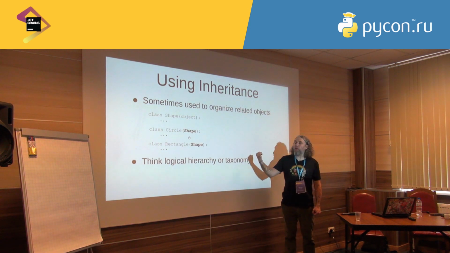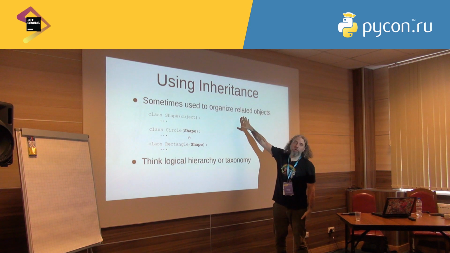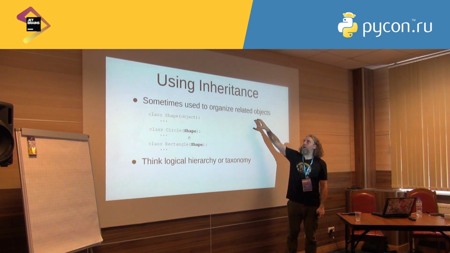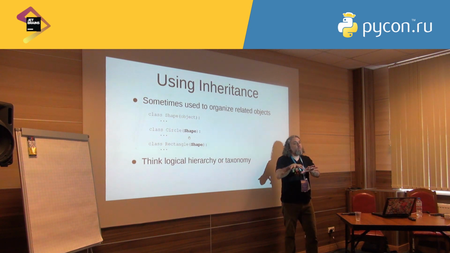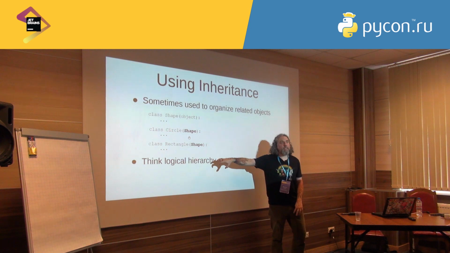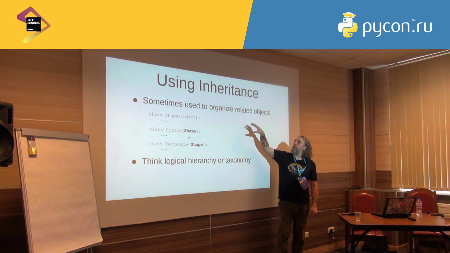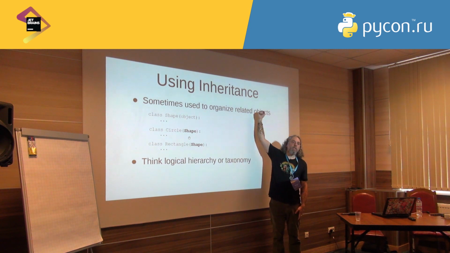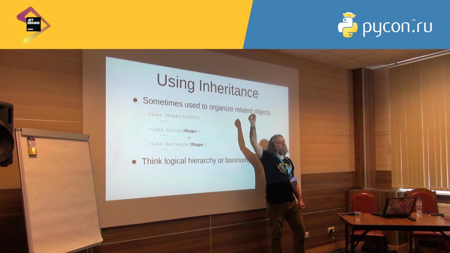So it's very common to create an exception type by subclassing an exception. You might have a very general exception for your library, my exception, and then you might have a hierarchy of different types of exceptions, and that allows people either to catch a very specific exception, or if they just want to catch any exception your library might raise, to catch the more general exception at the top of the inheritance hierarchy.